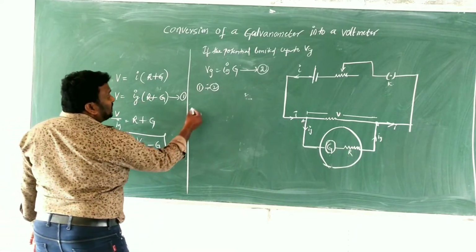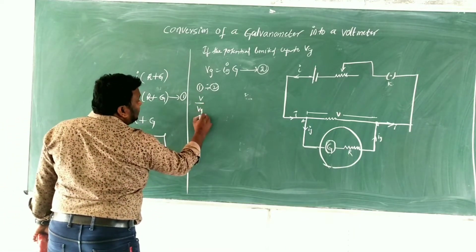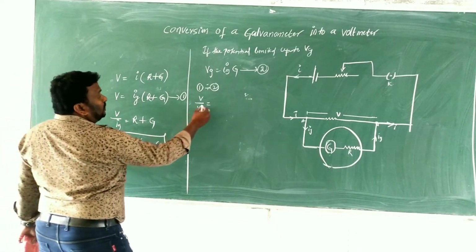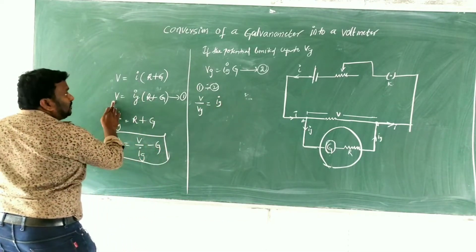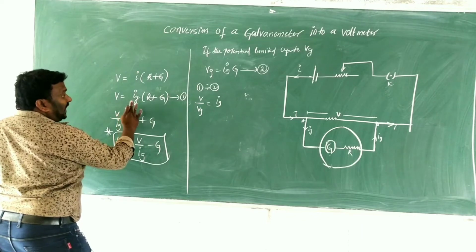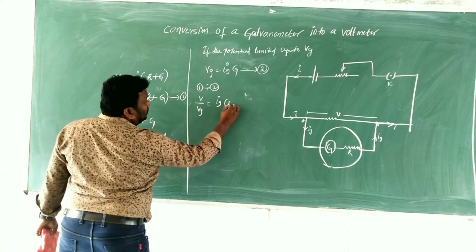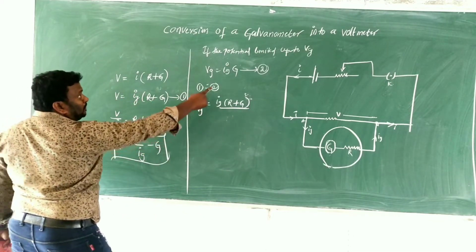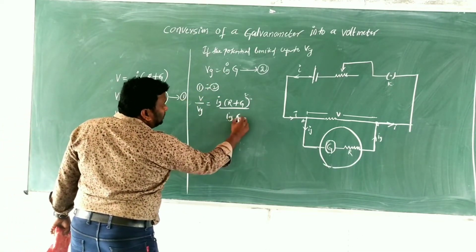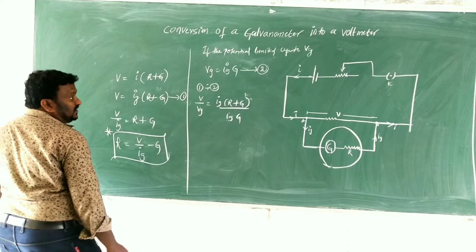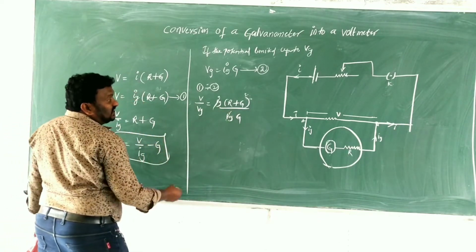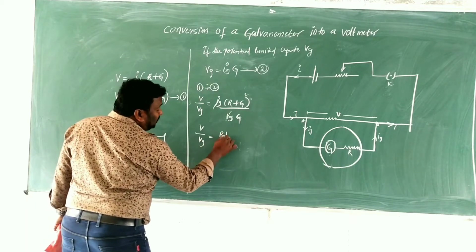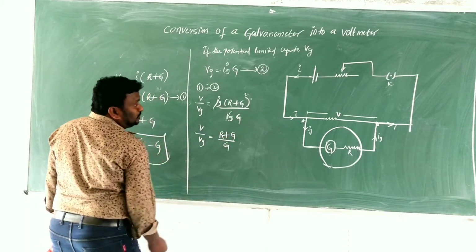Then, children, V by Vg is equal to Ig into (R plus G) by Ig into G. Ig cancels, then what we get? V by Vg is equal to (R plus G) by G.